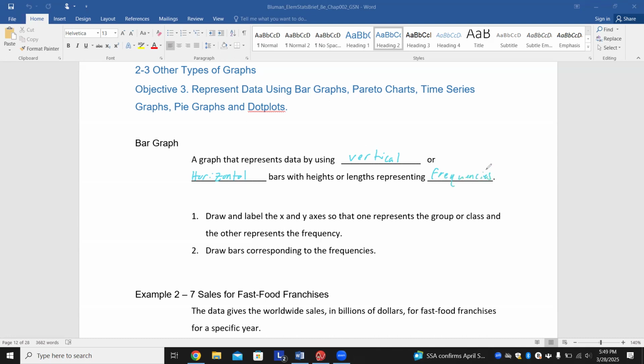The steps to drawing a bar graph is simply to, like all graphs, label the X and Y axis so that one represents the group or class that you're analyzing and the other represents the frequency. Then step 2, simply draw the bars that correspond to how large the frequency was for those groups or classes.